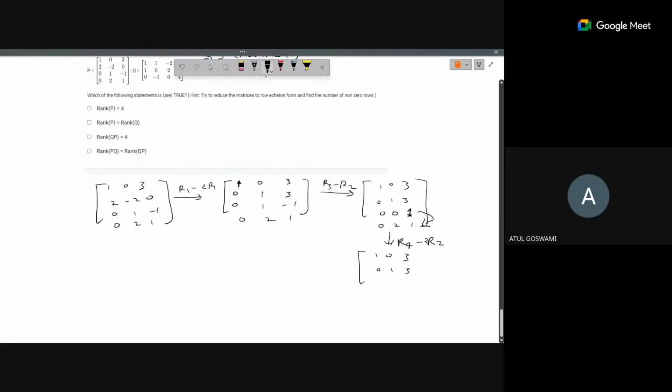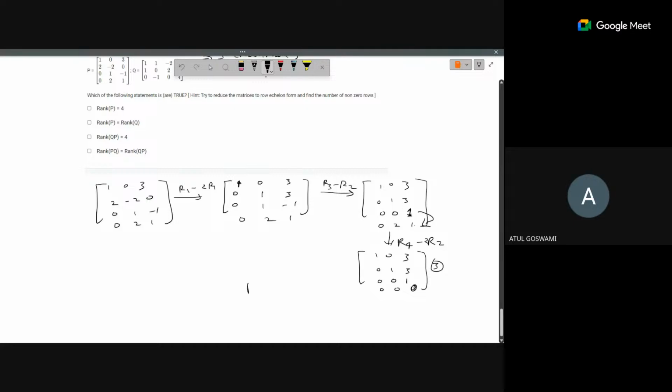So we'll get 0 0 1, and then this row will become 0 0 and 1 two times, so it is minus 5, which is 1. Okay, and then we subtract this, then the last row will become 0. Is it clear? Yes, sir. Okay, so it has rank 3.